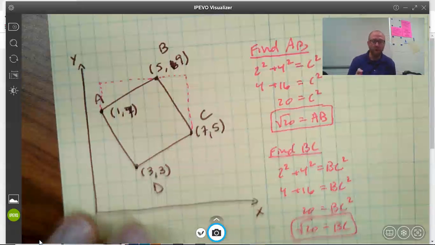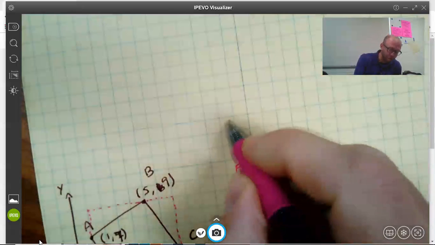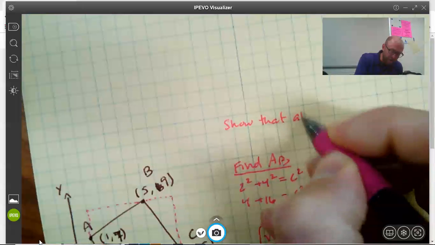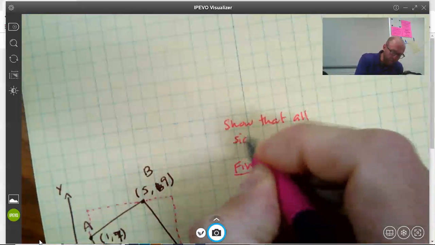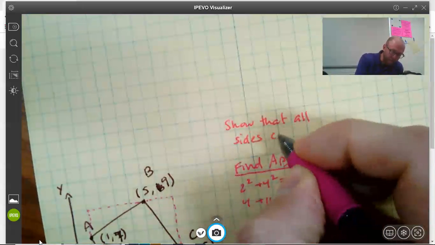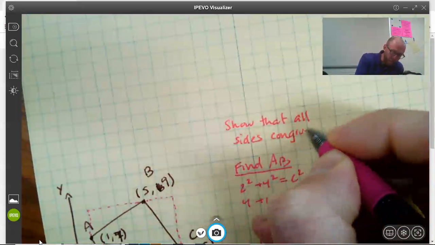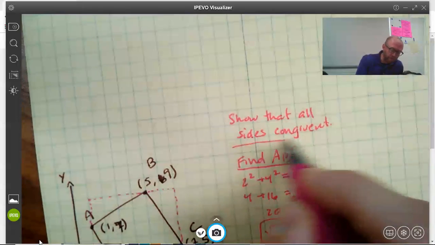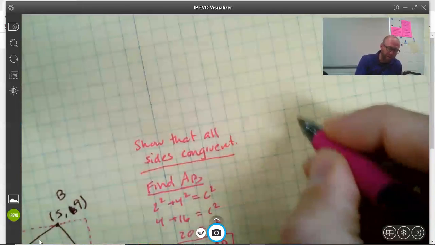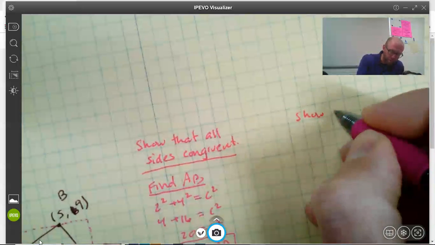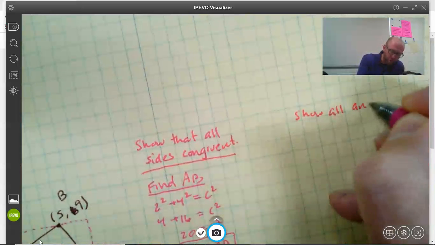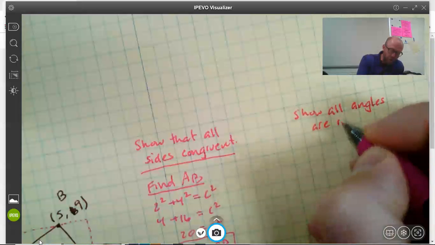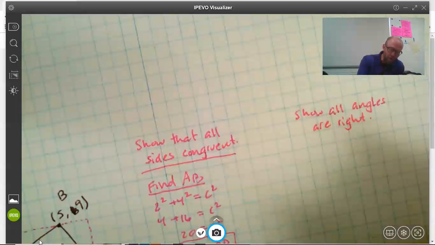So part 1 of this proof is to show that all sides are congruent. Okay. The second part would be to show all angles are right.